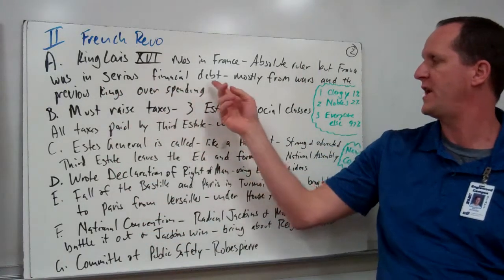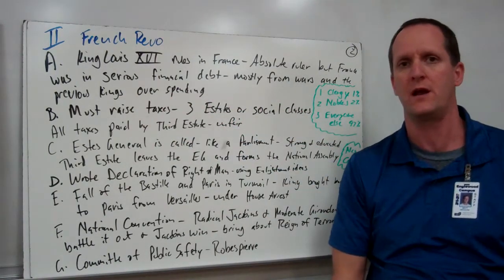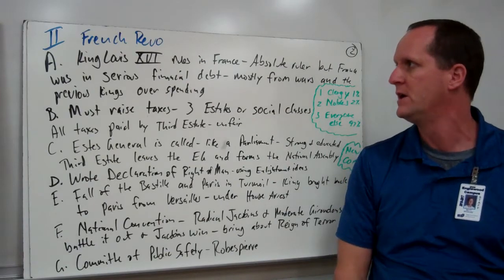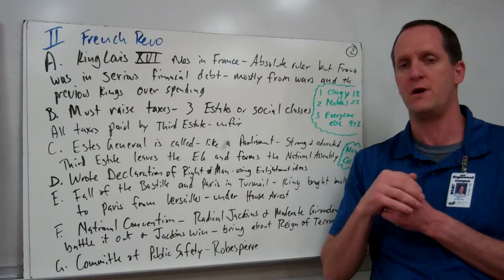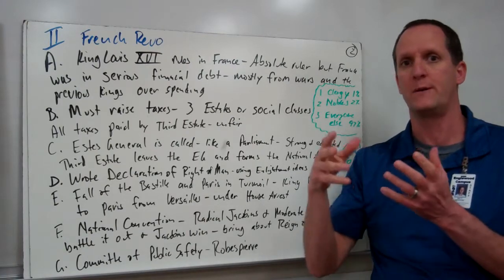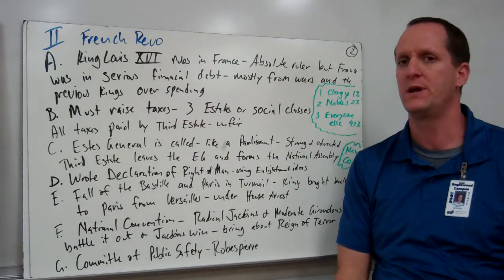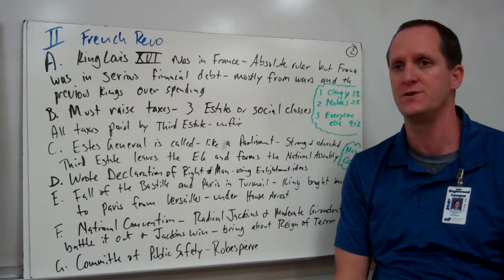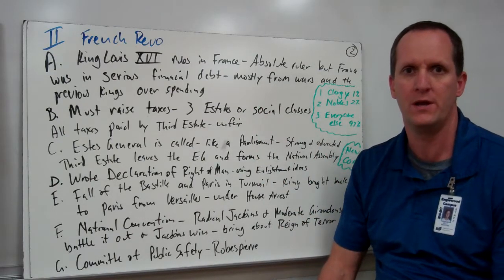France was in serious financial debt, mostly from wars and previous kings overspending, on things like the Palace of Versailles. So these new ideas that the French military and Navy took back to France really kind of sparked ideas, because when the French Revolution took place, these ideas were then put forth to help them in their revolution.